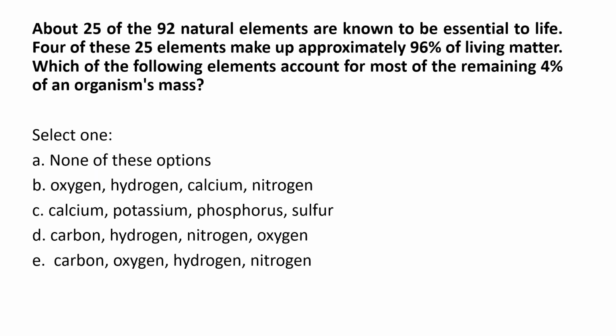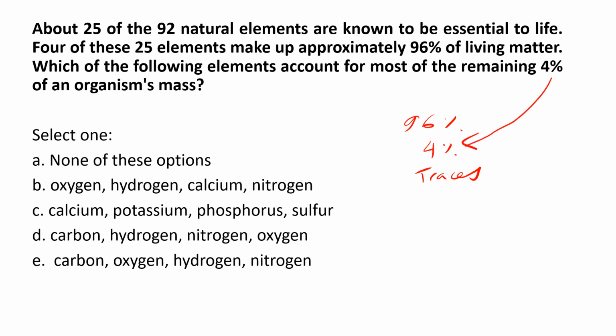So if you remember, there are 3 types of elements: ones that represent 96%, ones that represent only 4%, and ones that are just traces. I'm going to show you a slide that reminds you where in your video lectures, and also where in your textbook, you can find the answer, but they are asking you for these ones.